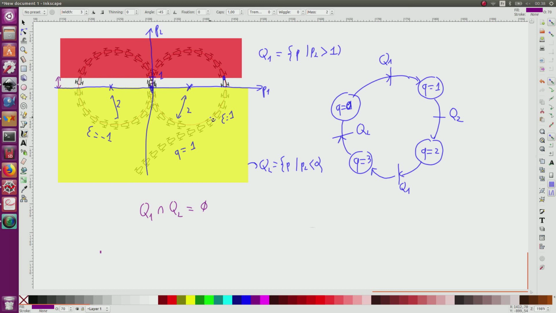In a situation where Q1 and Q2 have a distance which is zero, the switch may appear an infinite number of times in a small interval, and it is what we call a Zeno effect. So here the Zeno effect cannot appear. It means that I cannot switch from one state to another an infinite number of times.